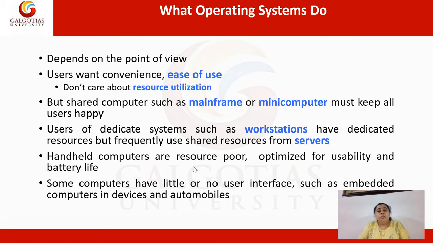Because if only one person is using all the resources, then resources will be wasted. Others may not get them, though they are authorized to get them. In that case, what does an operating system do? The most important work for an operating system is to utilize resources in such a way that everybody gets a chance to access a shared resource.